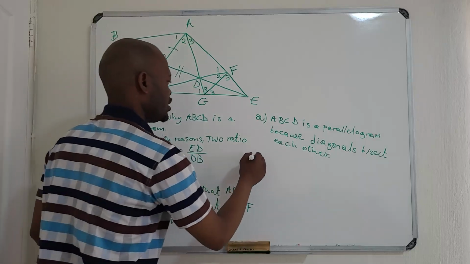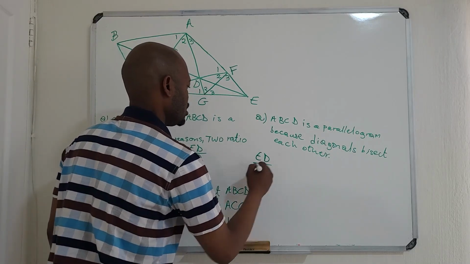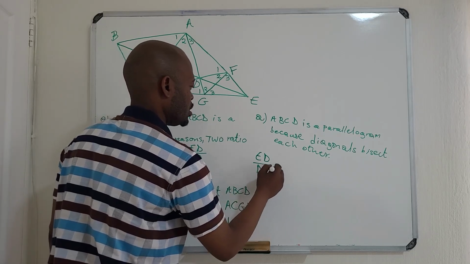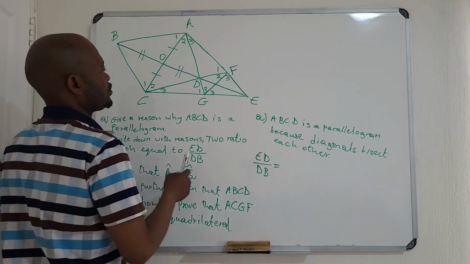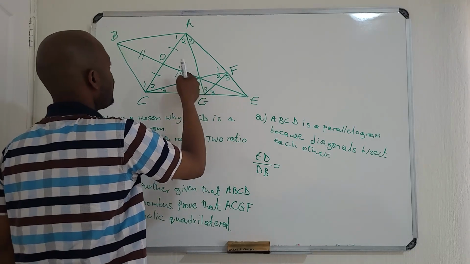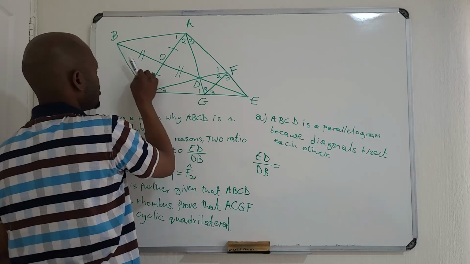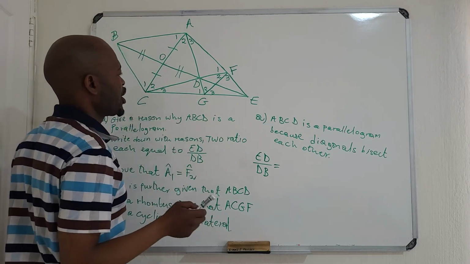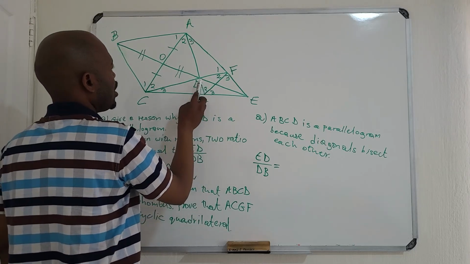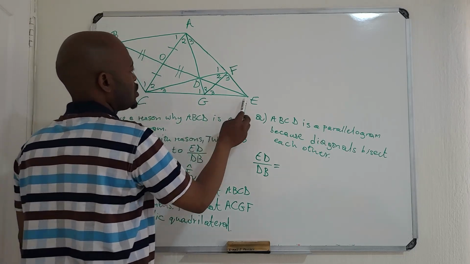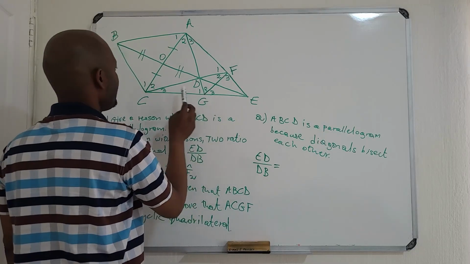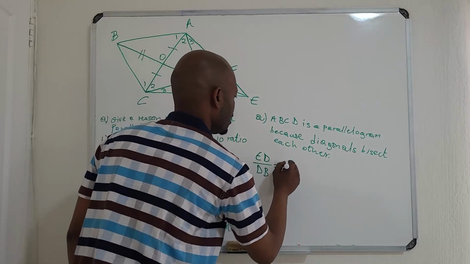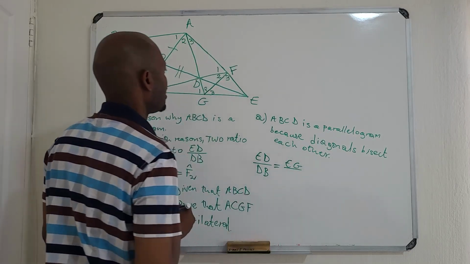Now, ED over DB is equal to this over that. This line is drawn parallel to that, and it divides the other two sides in the same ratio. Therefore, ED over DB is equal to EG over GC.